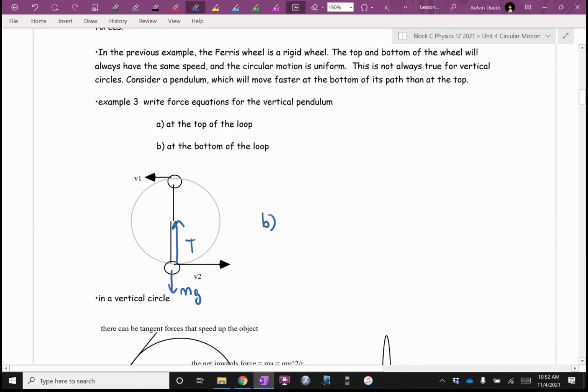So for part B, who's winning? Who's losing? What's that going to equal? MAC.